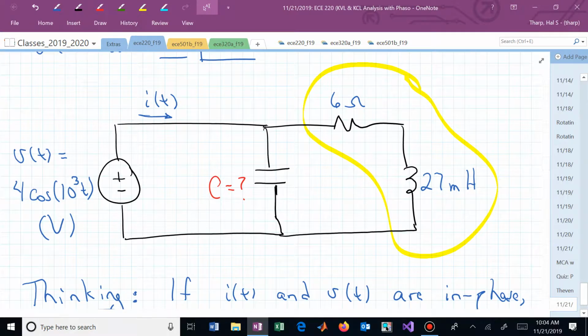Now we're back to this original problem. We found a C. C was that 35 microfarads. We've put that in, and now we want to find little i of t in the time domain. We know that we're exciting or supplying this with 4 cosine of 1,000 t.